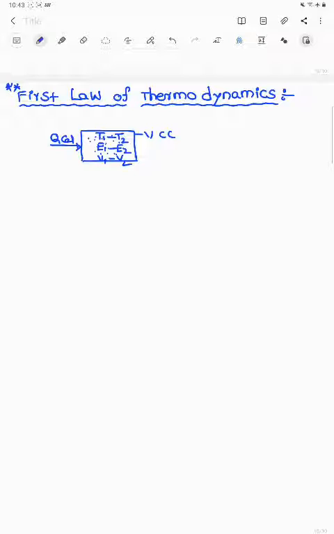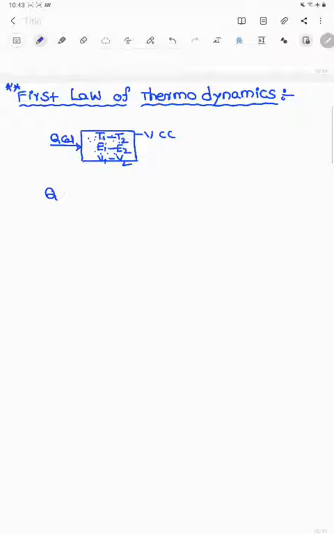According to the first law of thermodynamics, energy can neither be created nor be destroyed, but one form of energy is converted into another form. This means the supplied energy Q calories is converted into an increase in internal energy as well as work done by the system.